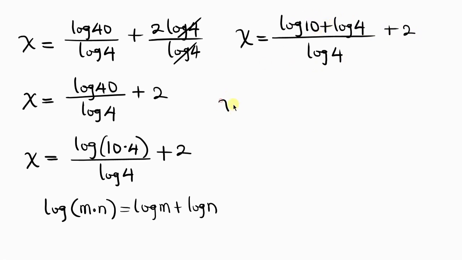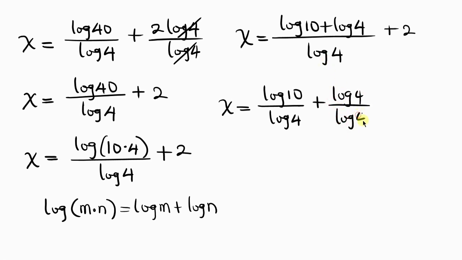So we have x to be equal to, this is log 10 divided by the common denominator, log 4, plus, this is log 4 divided by the common denominator, log 4, and then plus 2.